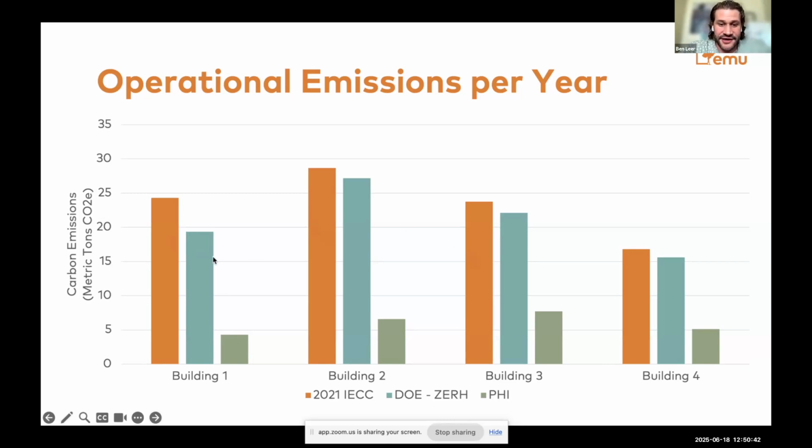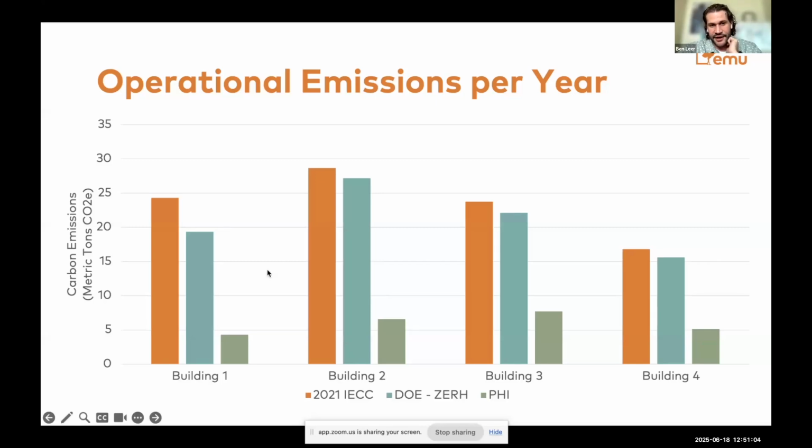Even when we go to a voluntary standard like the Department of Energy's Zero Energy Ready Home, we're not getting a huge benefit. We get a huge reduction when the building is built to the passive house standard, right? This can be anywhere from 90 to 75% in terms of the reduction. So we're getting a huge amount of operational emission reduction.